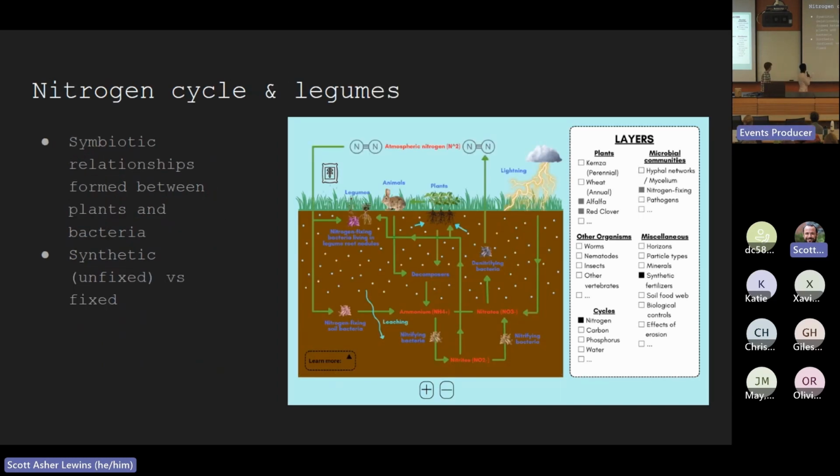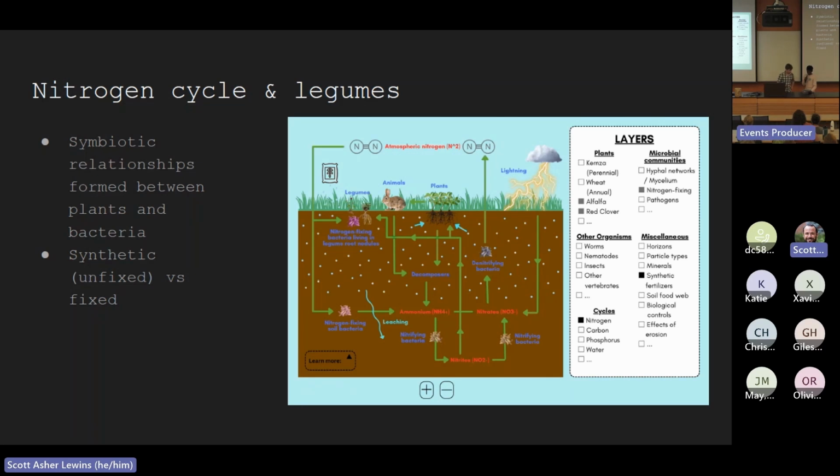A strong example of the beneficial interactions of soil microorganisms and plant root systems is the nitrogen cycle, where nitrogen fixing plants form symbiotic relationships with a bacteria called rhizobia.